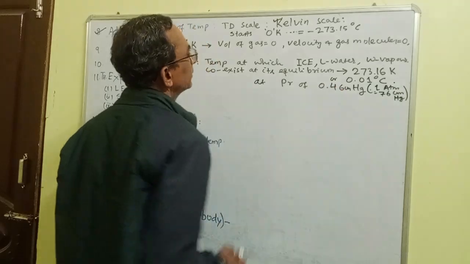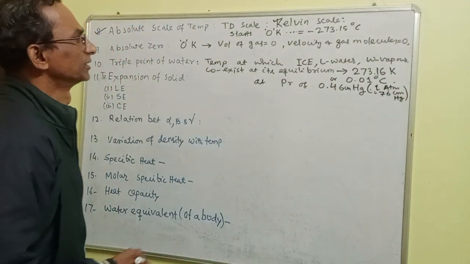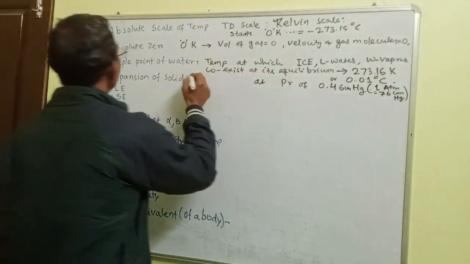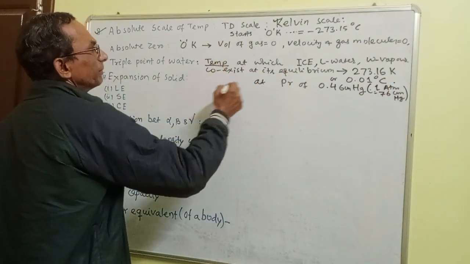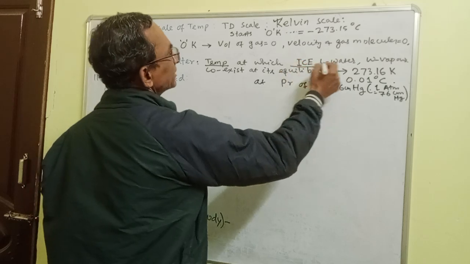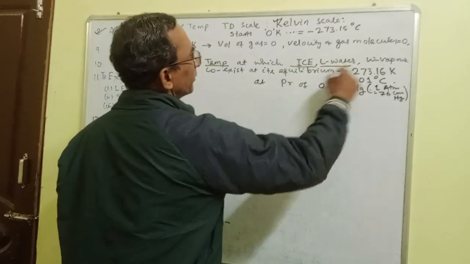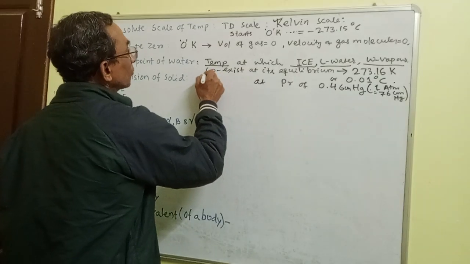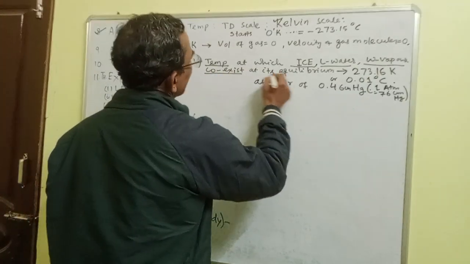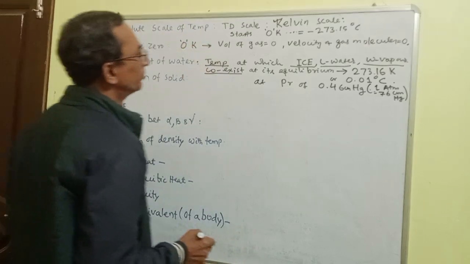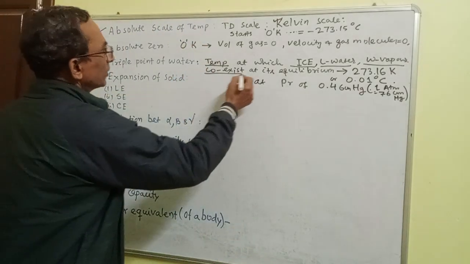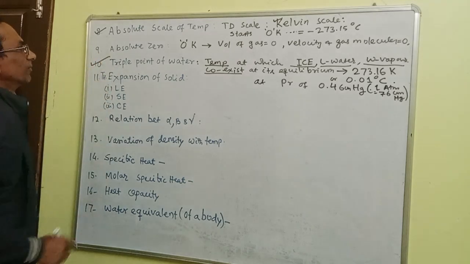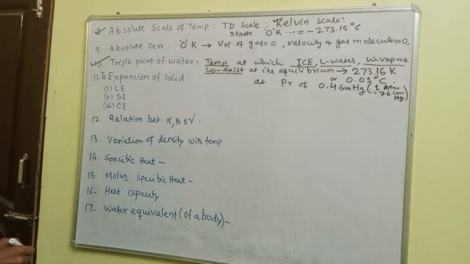Here we take pressure at 0.46 centimeter of mercury, and at this temperature ice, liquid water and steam or water vapor coexist at their thermal equilibrium condition. This temperature is termed as the triple point of water.